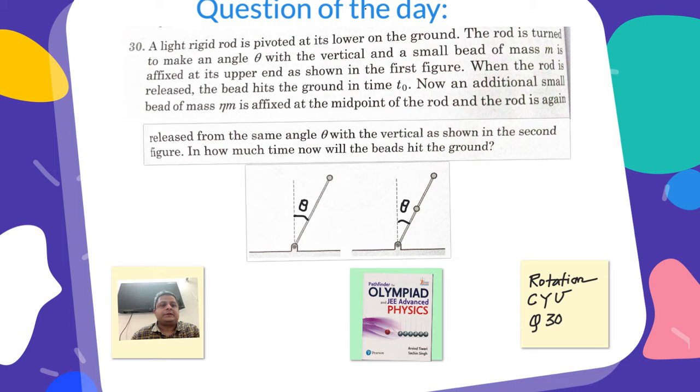So this is figure 1, and that is figure 2. The question is, in how much time do the beads hit the ground now? That means this whole rod will be horizontal in how much time compared to t naught.